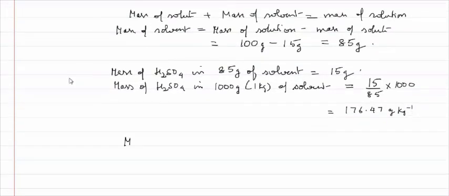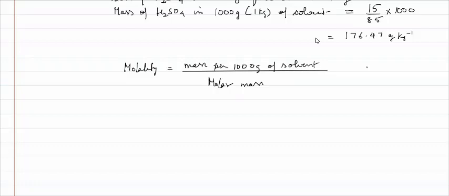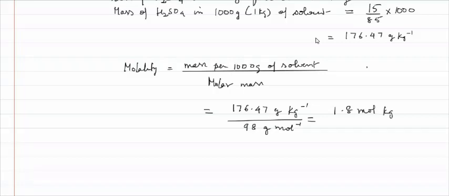Therefore, molality is equal to mass per 1000 gram of solvent divided by molar mass, which is equal to 176.47 grams per kg divided by 98 grams per mole, which is equal to 1.8 mole per kg, which is equal to 1.8 m.